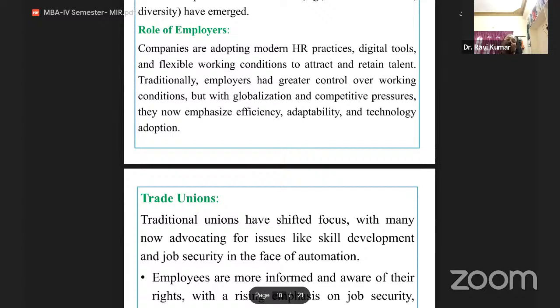Every organization follows advanced things in terms of digital tools or equipment, advanced HR practices, and flexible working conditions to retain or attract talented people. They emphasize how effectively they are working and how they are adapting technology and all these things for the organization. That is the reason employers are focusing on all these things. If they are not focusing on this, they cannot run the industry or the organization at a systematic level.